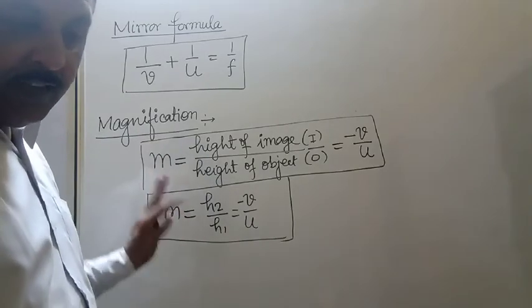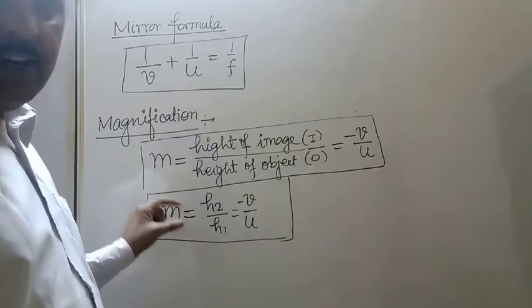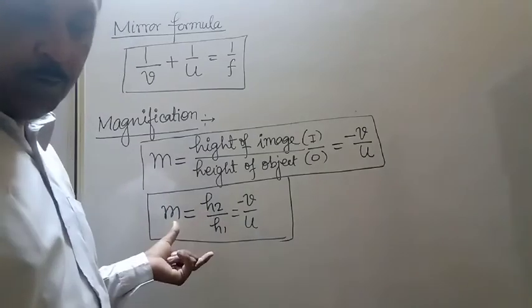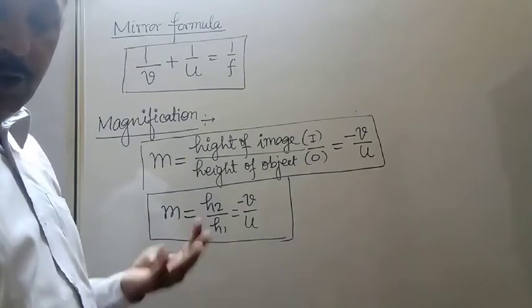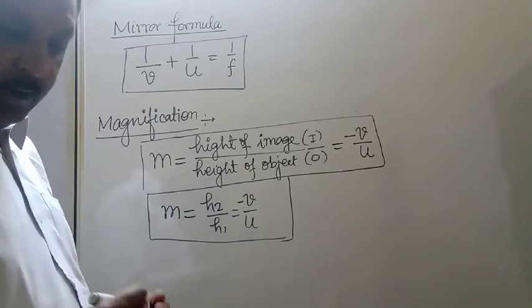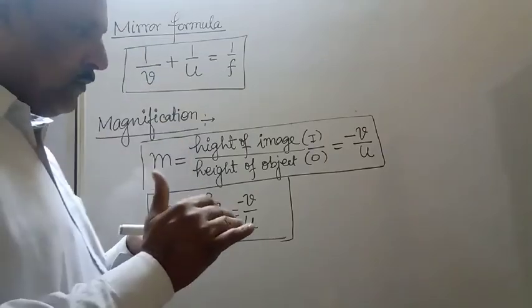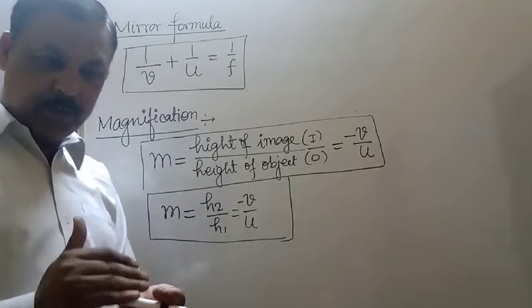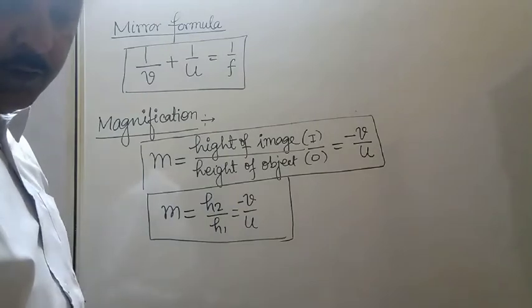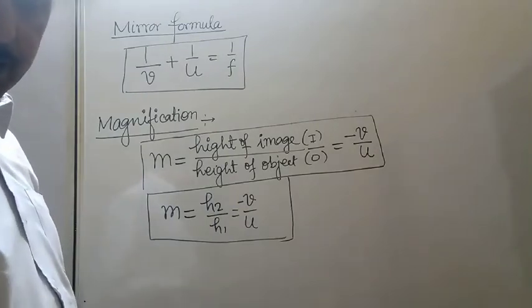Magnification gives you the idea of the image formed, what type of image is forming, whether it is enhancing, meaning magnifying, or decreasing. We will do some more questions to find this.